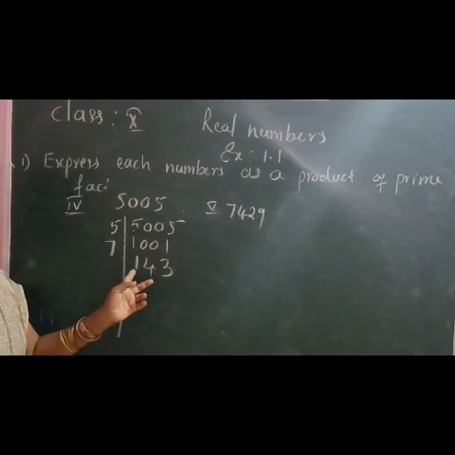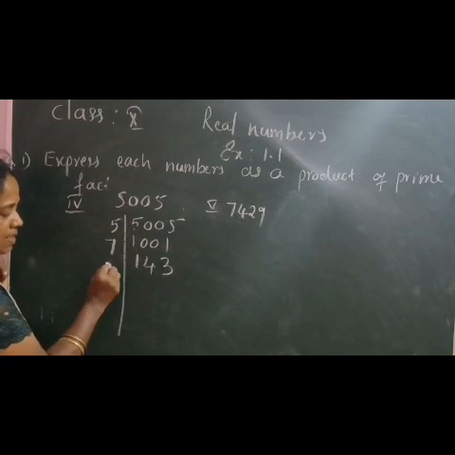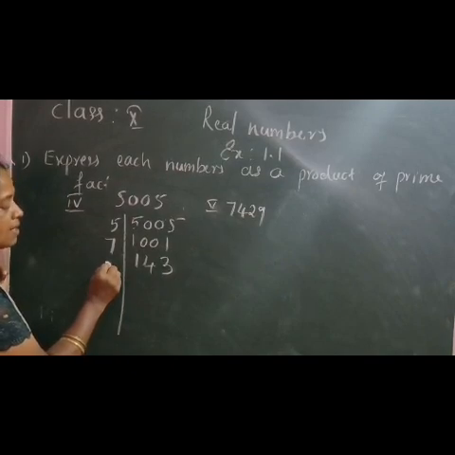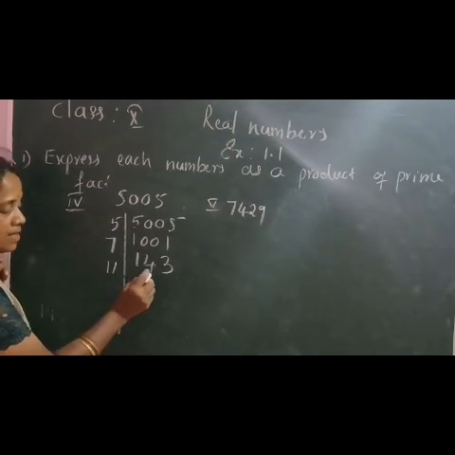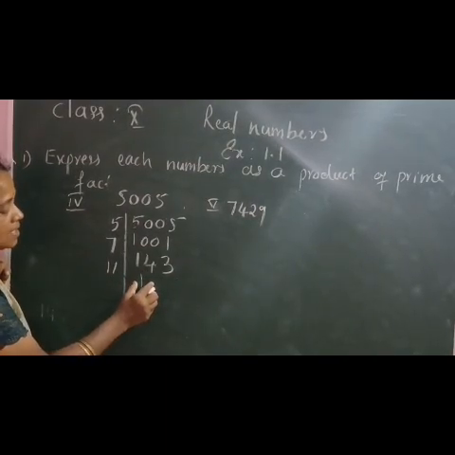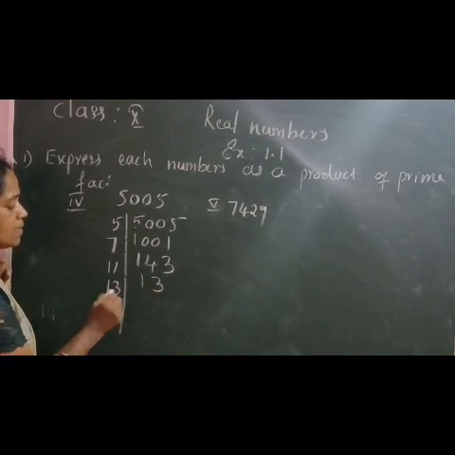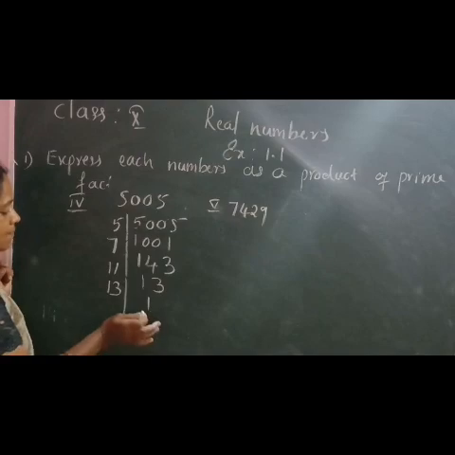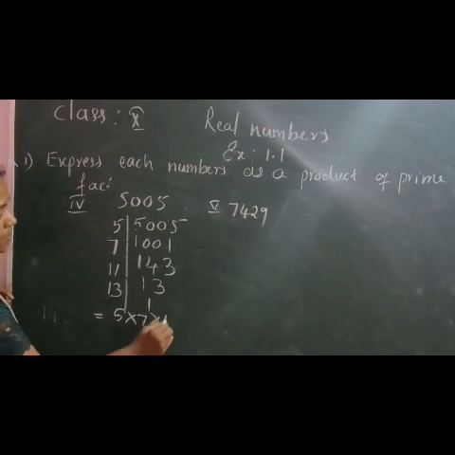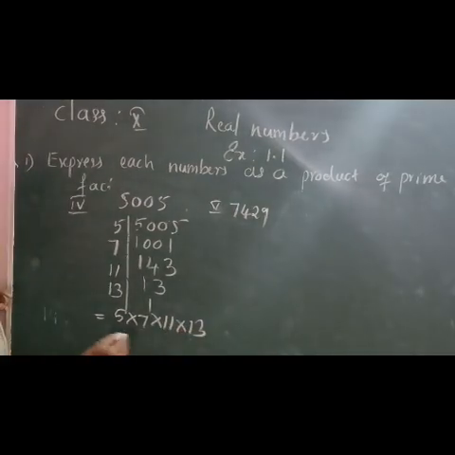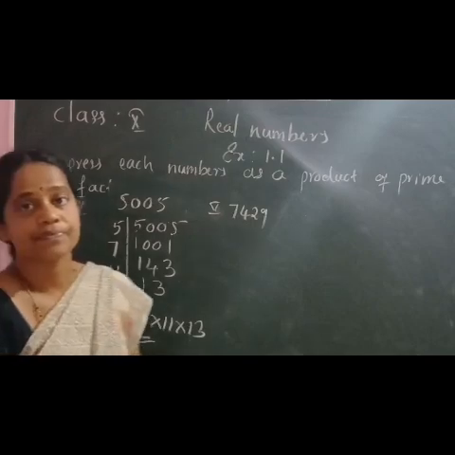No, it is not. So I will take the next one, 11. It is divisible by 11: 11 times 13 is 143, and the last factor is 13. So the factors are 5 into 7 into 11 into 13. These are the factors of the number 5005.